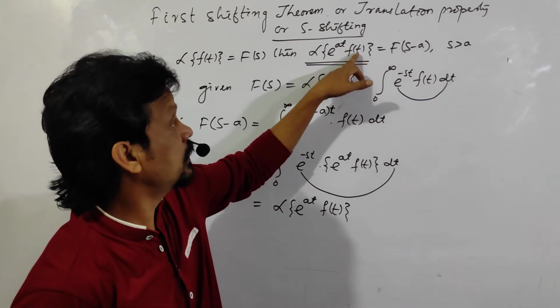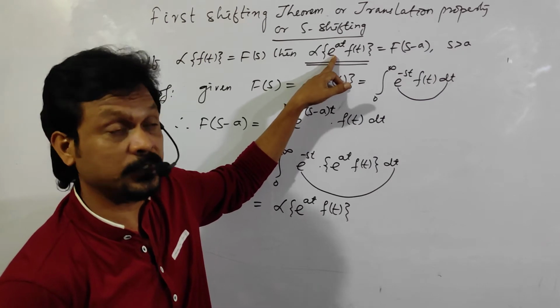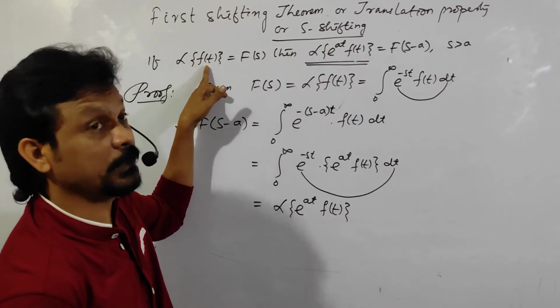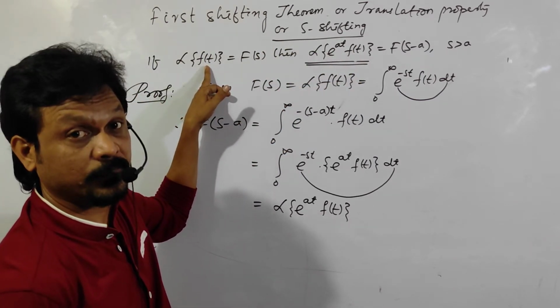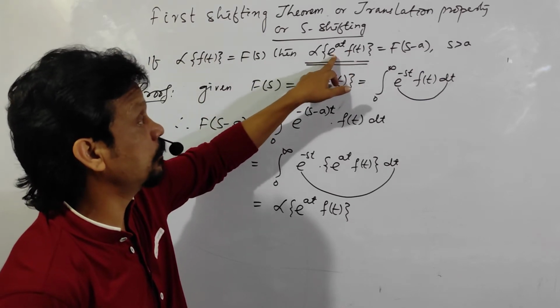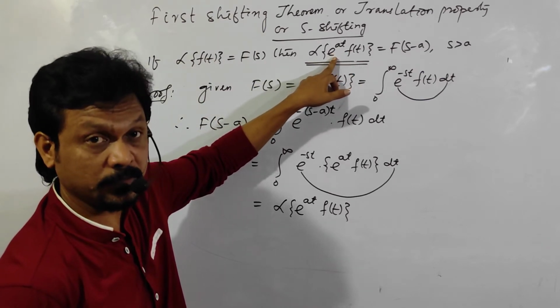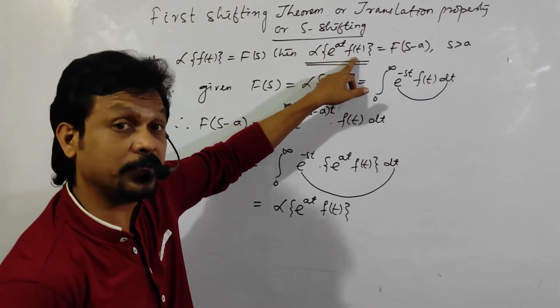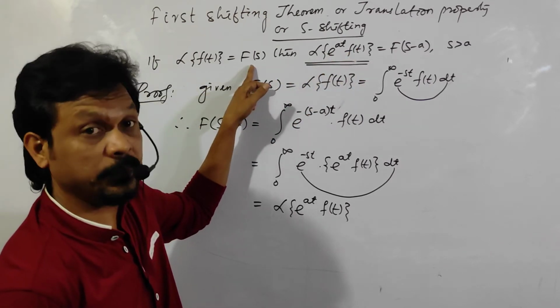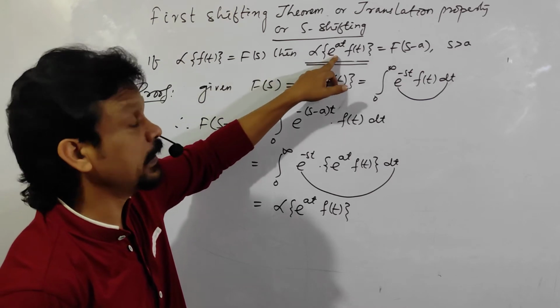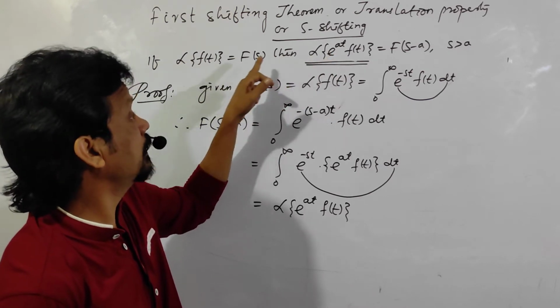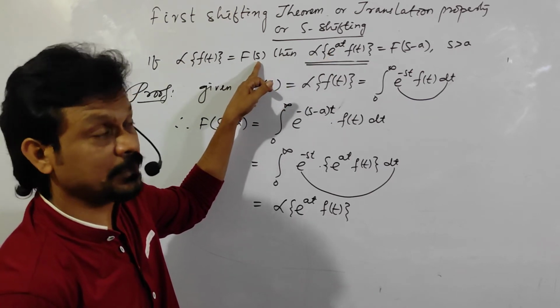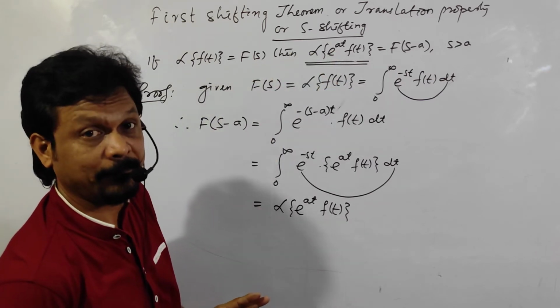The function which is multiplied with it is f of t, and you should find the Laplace of that function first, and let it be F of s. Then while multiplying by e to the power at, simply replace s by s minus a.